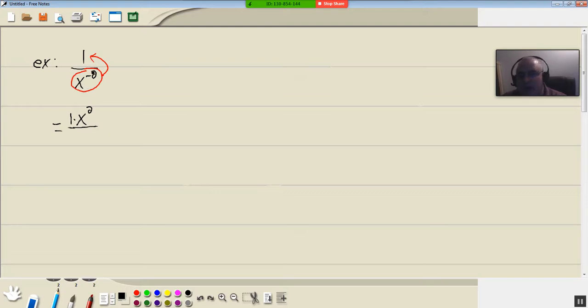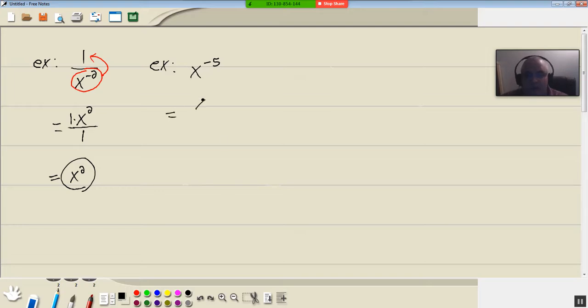Now there's blank on the bottom after we take that up on top. There's nothing left down there. Remember, you never want just blank, so you can put a 1 there. And 1 times x squared is x squared over 1, which gives us x squared. Now you may start out with a negative exponent like this. Well, we don't want negative exponents, and we always do them the same way. We move them opposite of where they're at in a fraction.